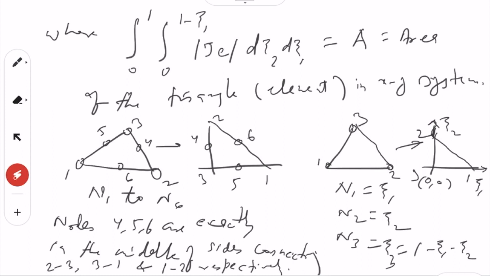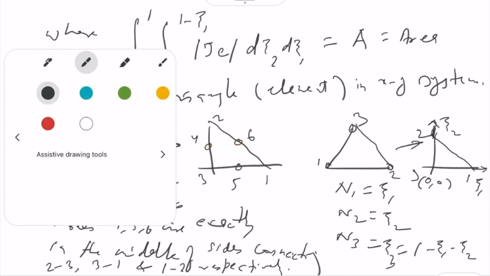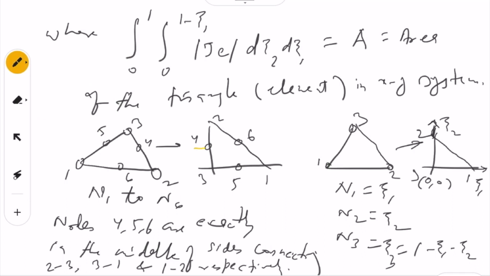So if that is the case, then this will linearly transform to here, also exactly in the middle. What you will see here is that this line which connects 4 to 6 will be parallel to this line. So this and this line will be parallel, this and this line will be parallel, right?